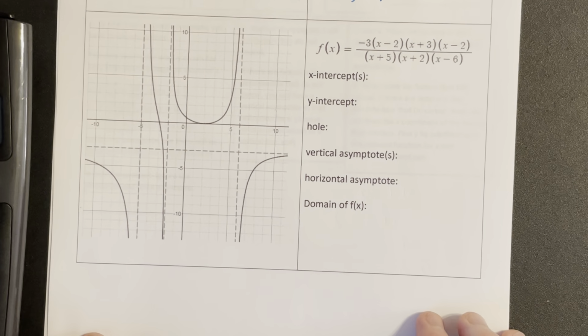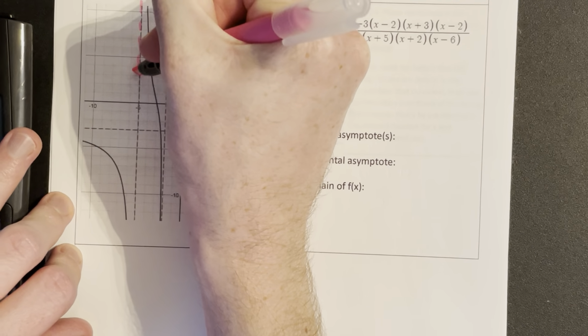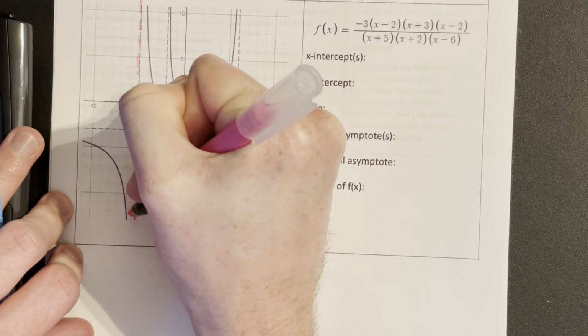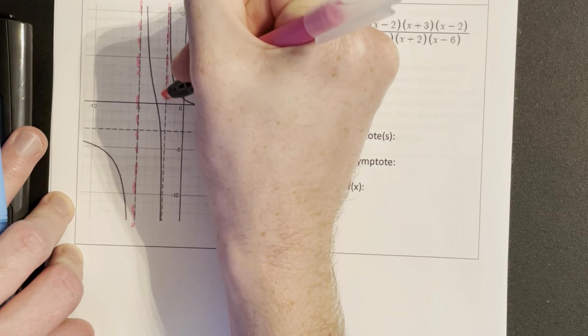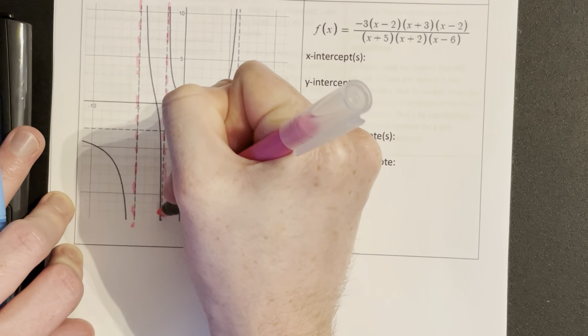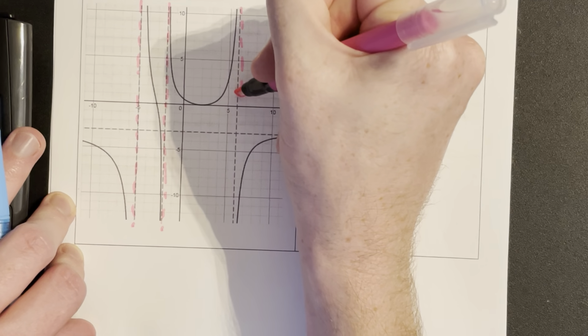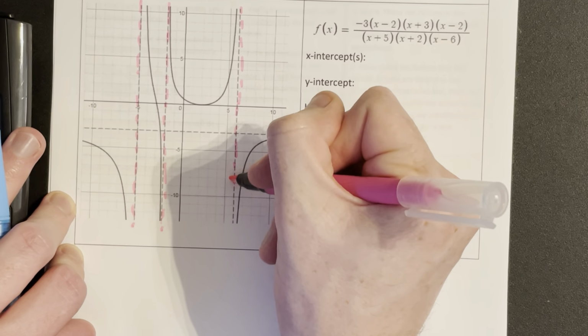The last one here has lots of asymptotes. We can see all these vertical asymptotes that are going on. So here's one at -5, another one at -2, and then another one at 6.